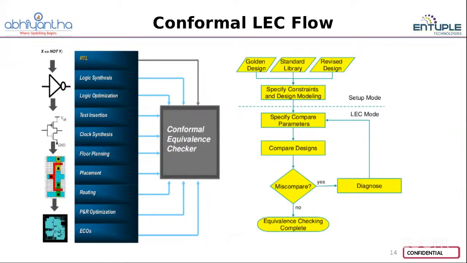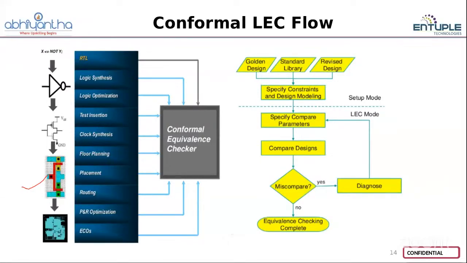This comparison will give you the detailed report. Once the miscomparisons have been removed, then you can go for the equivalence checking. Once your comparison reaches 0 miscomparisons, it means there is no miscomparison.